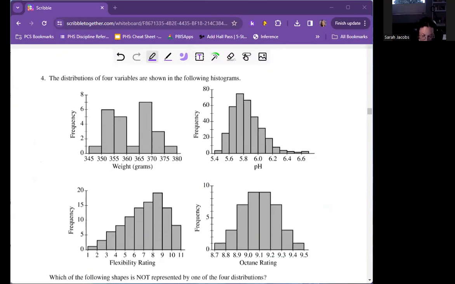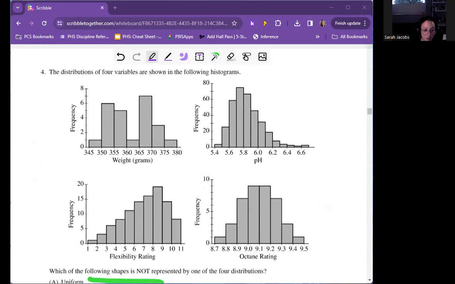Number 4. The distributions of 4 variables are shown in the following histograms. Which of the following shapes is not represented by one of the 4 distributions? Okay. So again, let's process of elimination this. Uniform. Be very careful. A lot of you are still occasionally mixing up uniform and unimodal.